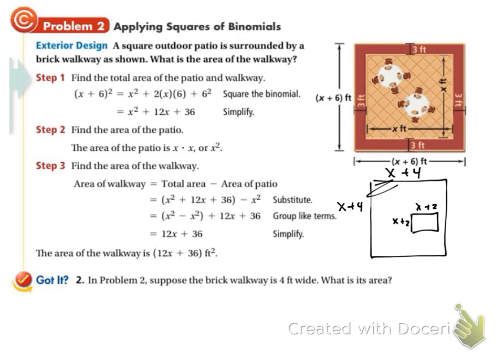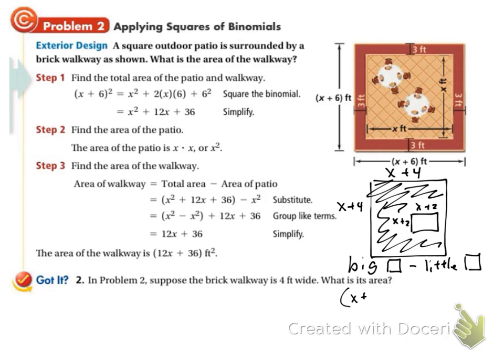They want to know all of this area. So we need to do the big square minus the little square. Area of a square is just the side squared, so this is x plus 4 squared minus x plus 2 squared. Similar to our surface area problem that we've done before, you just do these two problems separately and subtract them.